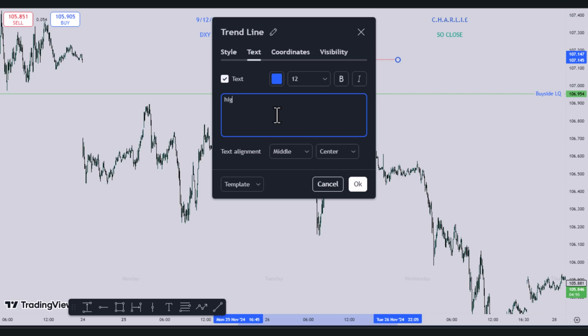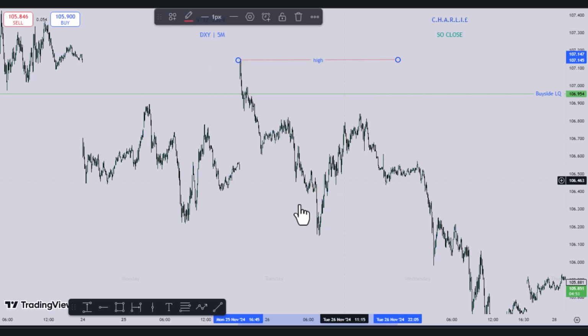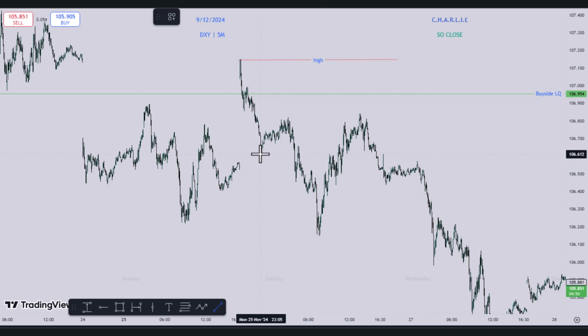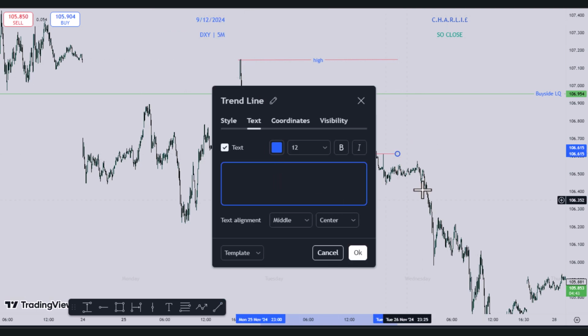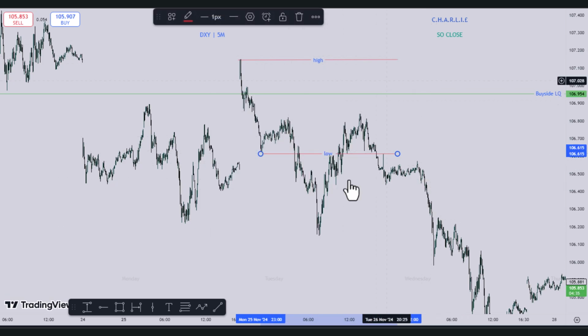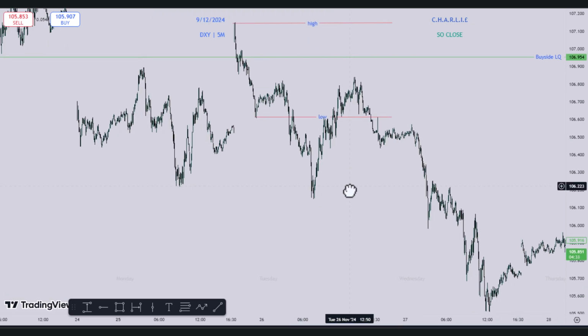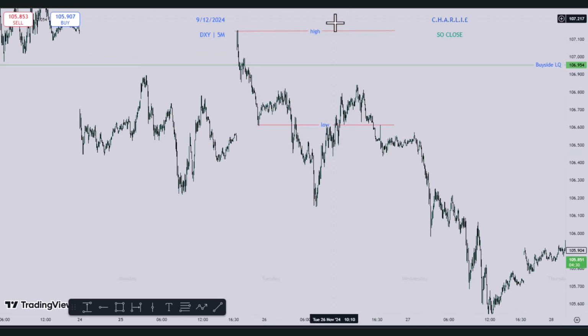So we put our term there, high, and we have this as our low. Those should be the first two things, to project the high and the low. Then from that you're supposed to see the next high. Is it taking out the previous high? No. What does that make it? It makes it a lower high.